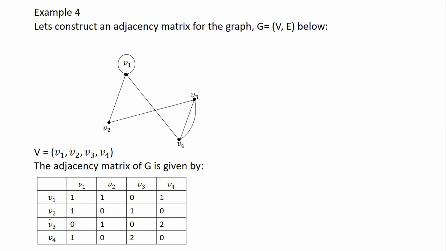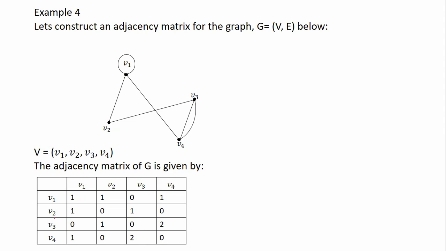Then you move on to the next vertex, which is V2, and do the same thing for all of them. So V2, V1. There's a connection, yes, sir, so you get 1.